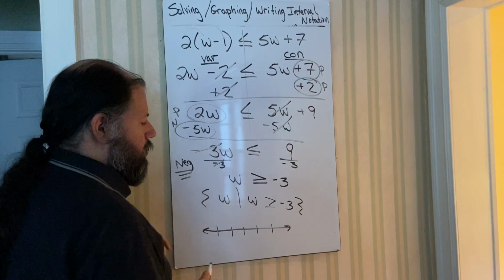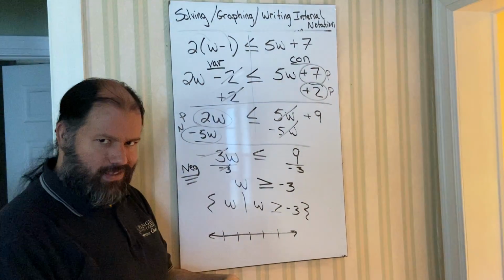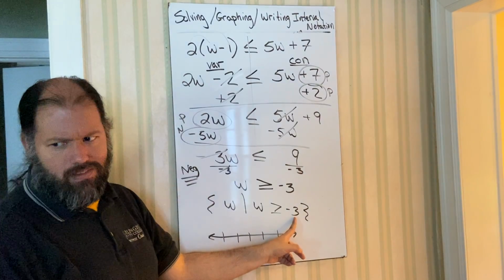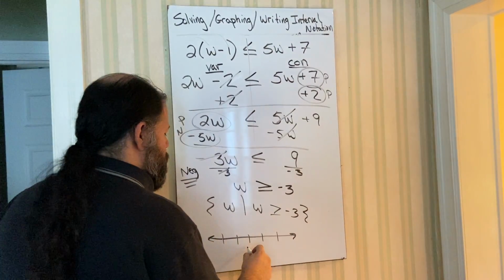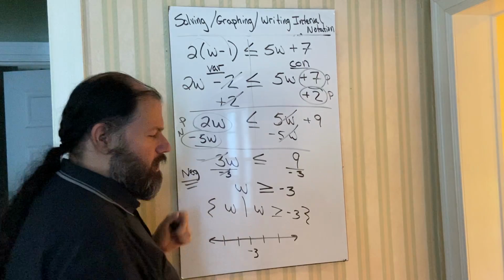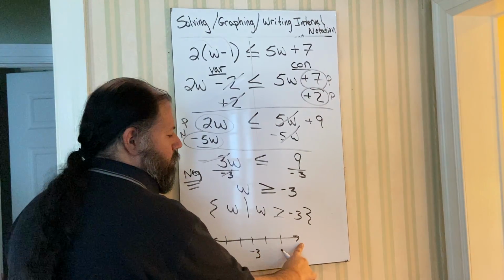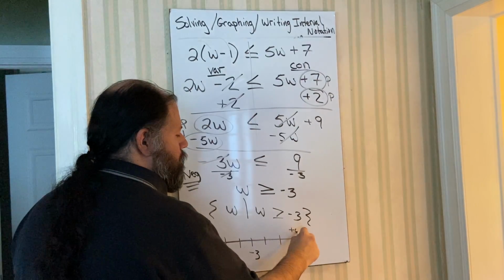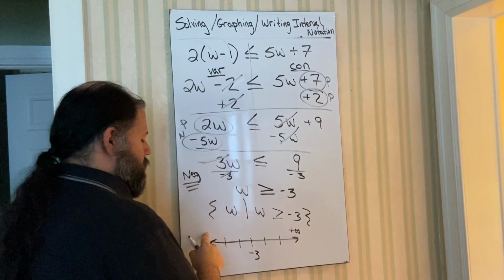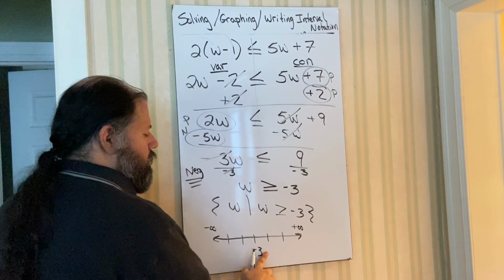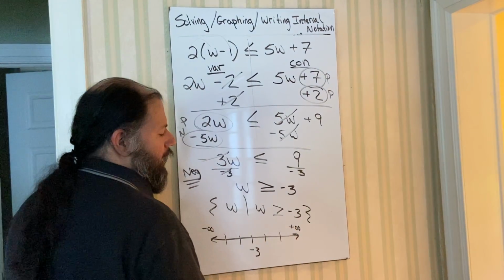Now when you draw a number line, do you always have to start with 0? No. You can sometimes start with the number here, as long as you know how to number the line. So if I put -3 here, you just got to remember, this is going to get what? Larger, positive infinity. This is going to get what on this side? Smaller. So here you're going to be working to get to a positive.